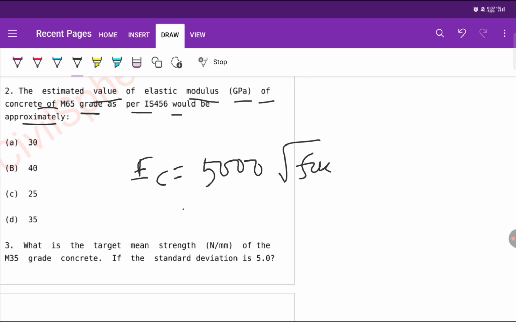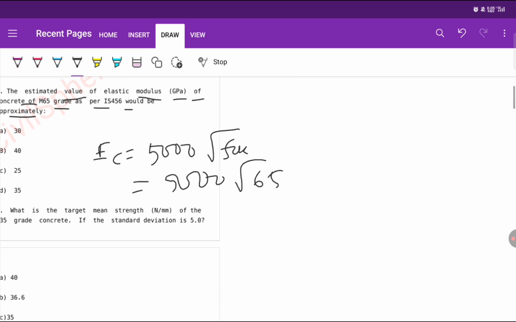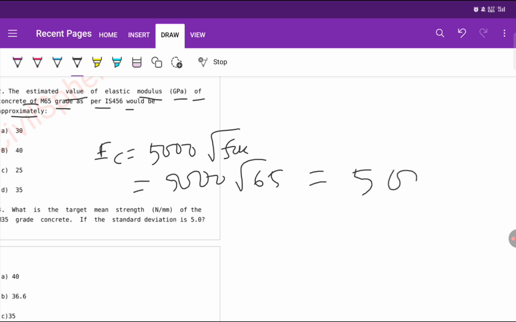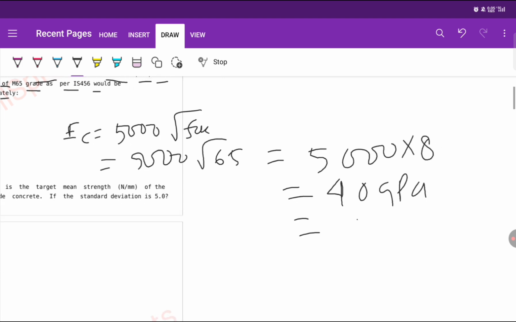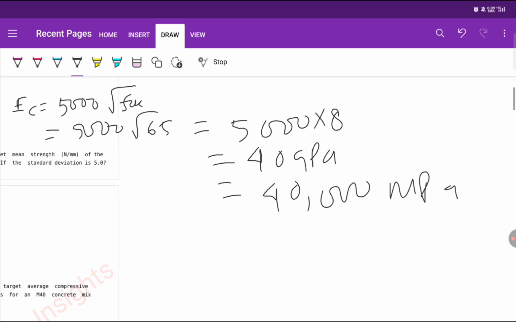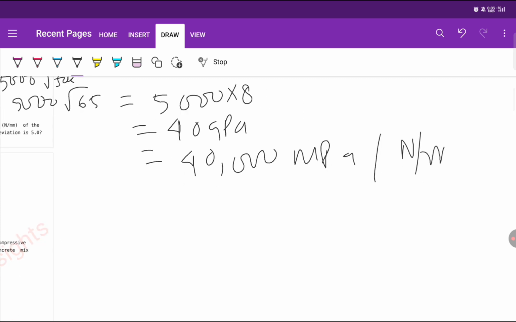So if we put the value, fck is 65. If we take the root of 65, the average is 8 something, right? Since we need an approximate value, we take 5000 into 8. So 40000 megapascal, or Newton per mm square. Newton per mm square is also written as megapascal.